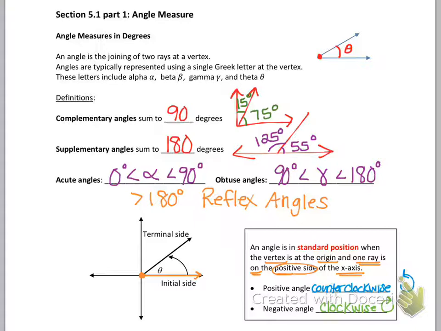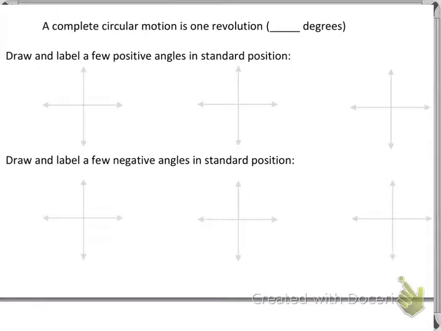So if you looked at the example we have over here to the left, this would be a positive angle because it's going counterclockwise. Something that you are all familiar with, a complete circular motion is one revolution, which is 360 degrees. So, knowing this, we are going to draw and label a few angles that are in standard position.